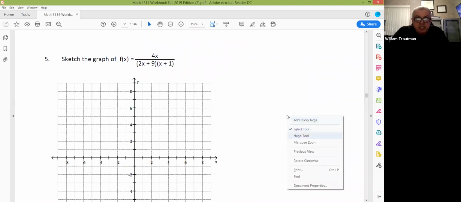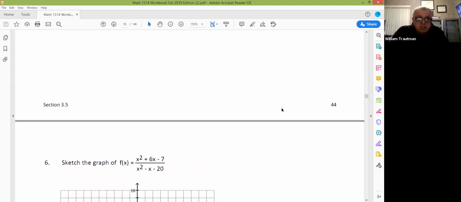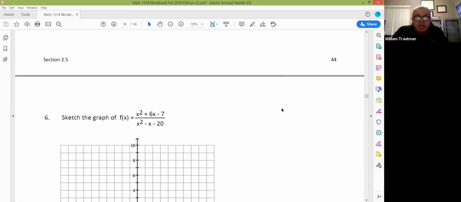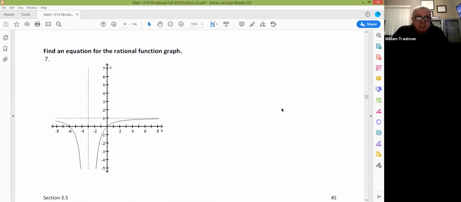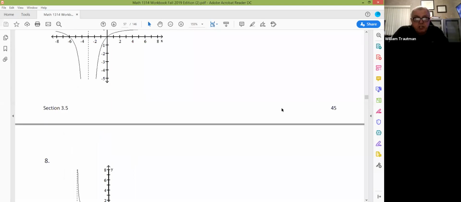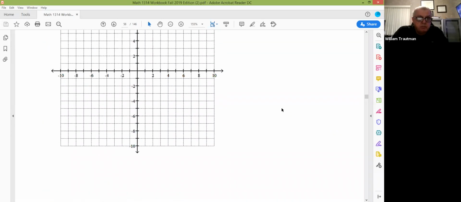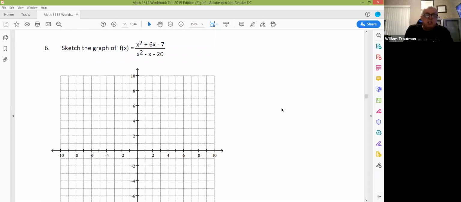Let's see what else we have. So let's sketch this graph. How many do we have all together? 6, 7, 8. So that's the last one, number 8. So this one. In order to find the X-intercepts and the asymptotes, previously everything was factored.